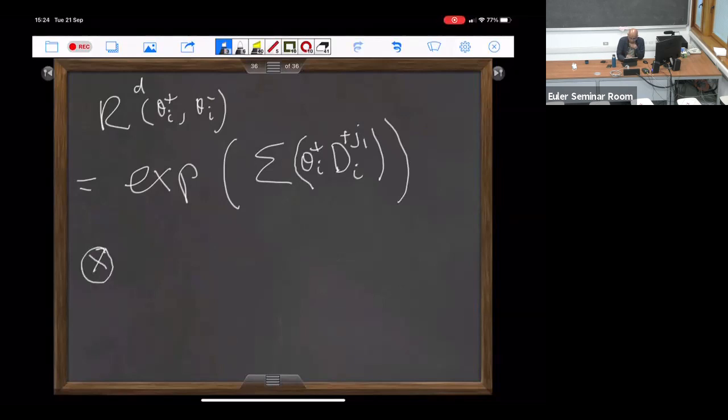Now we tensor that with a sum of theta I minus d minus j2.